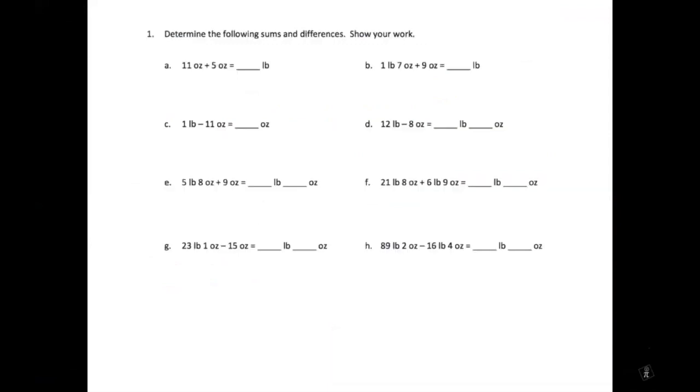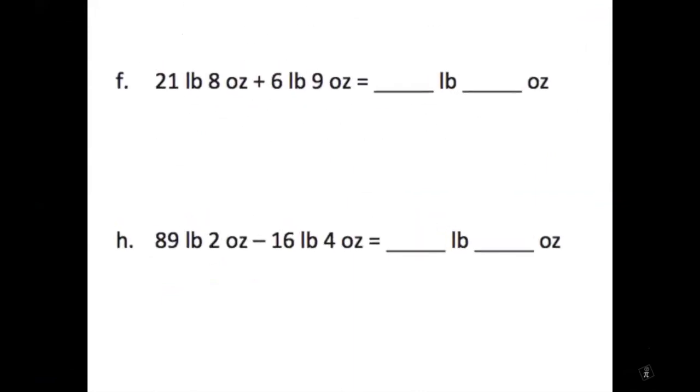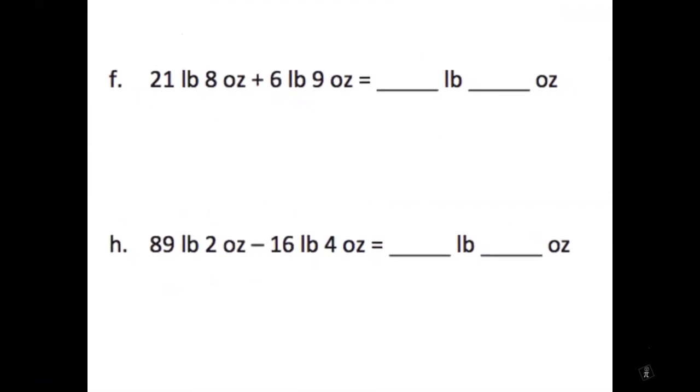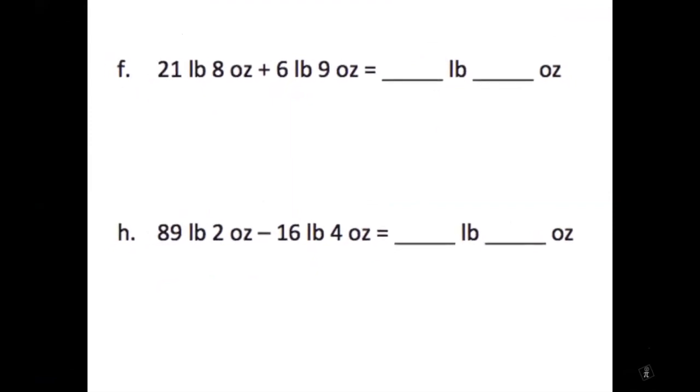So we have a whole bunch of problems, and they want us to add and subtract. So let's zoom in on problem F, because that's a good one. We have 21 pounds, 8 ounces, plus 6 pounds, 9 ounces, and we have to add them together. First, let's add the pounds to the pounds, and that gives us 27 pounds. And then let's add the ounces to the ounces.